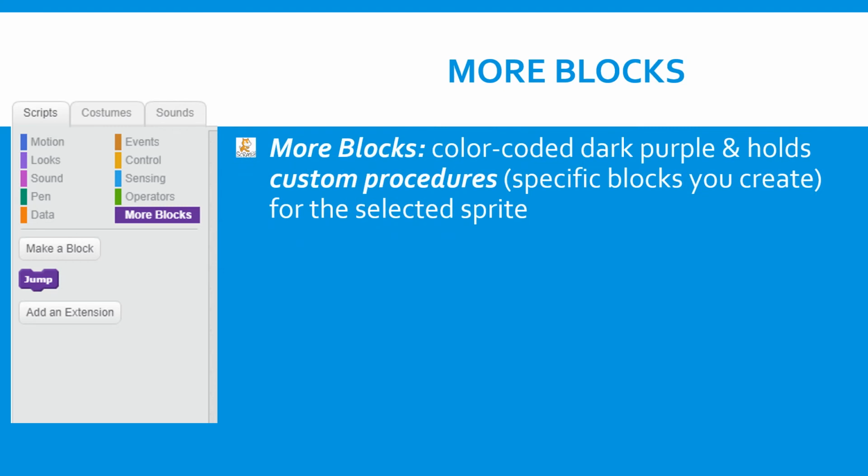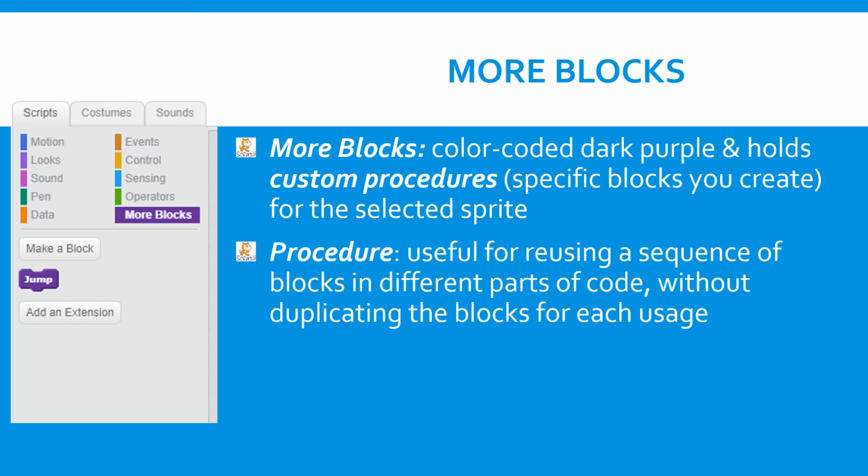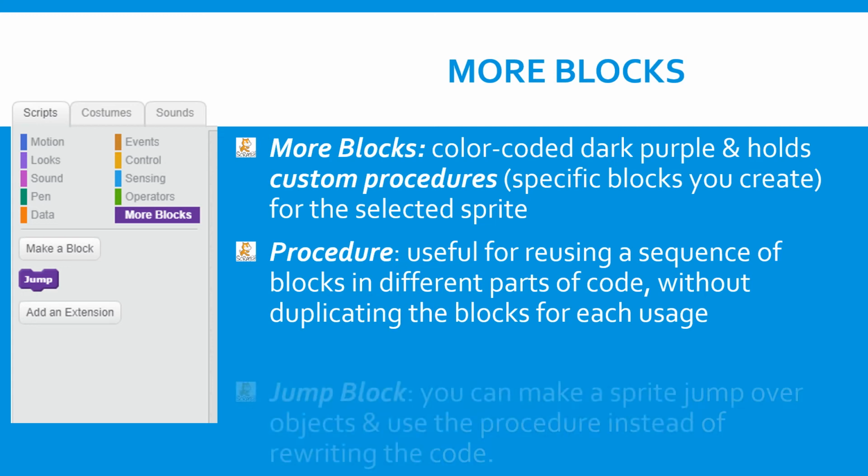More blocks. More blocks are color-coded dark purple and they hold custom procedures. Custom procedures are specific blocks you create for your selected sprite. The procedure can be useful whenever you are reusing a sequence of blocks in a different part of your coding without having to redo or duplicate the block for each usage.